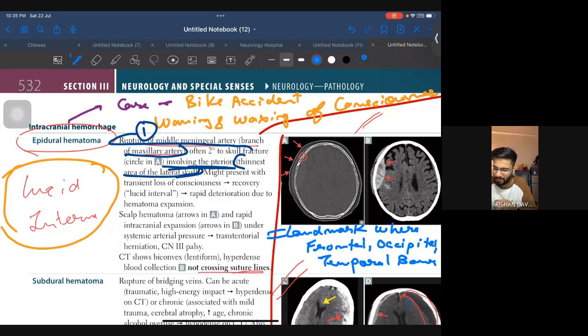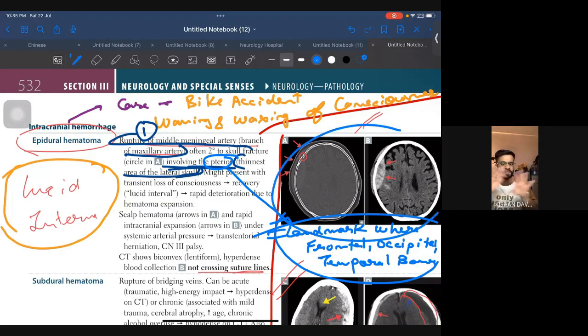Okay, I think one of the bone, I think I am wrong. Maybe I'm not wrong. तो एक बार Google पे देख लेना. Okay, pterion का ये definition. So instead of pterion, they might give you the location like this, landmark like this. Okay, so don't get confused. Lucid interval important, bike accident important, pterion important, image important. Done. Okay, done.